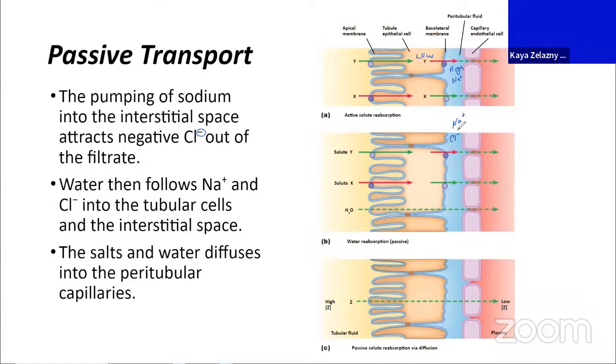So now we're ending up with a really high concentration of things dissolved in the water on this side of the cell. So water is moving towards both of these at the same time. We end up with a bunch of water reabsorption moving first towards this peritubular space and then into the neighboring capillary.